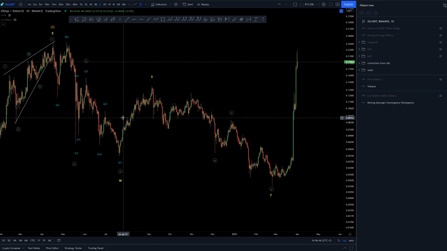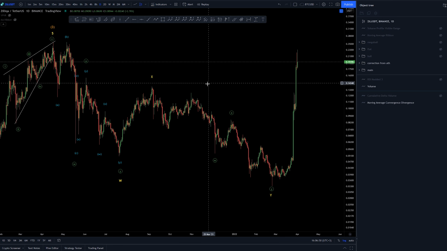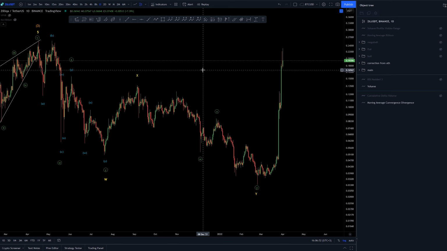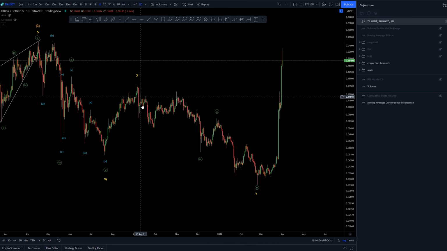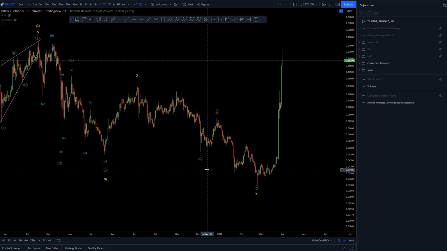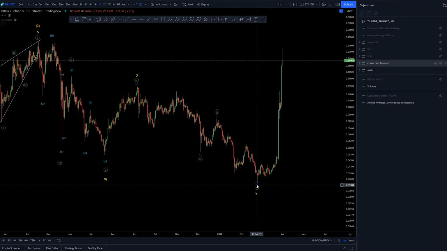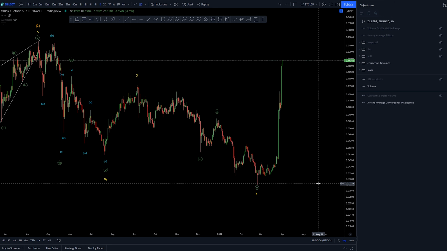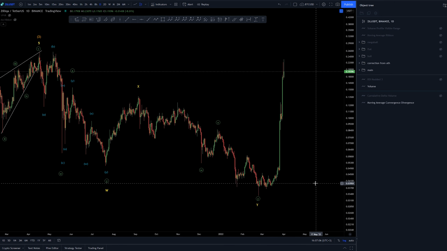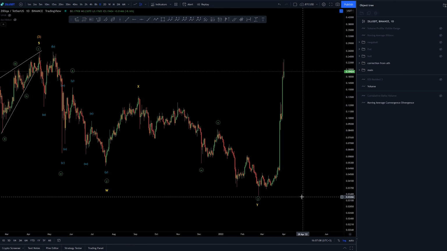This would be A, B and C, or WXY, but I wouldn't spend too much time on that. Again, here I've labeled this as WXY into the Y, bringing us to the current lows that we were at the end of February, and from there on we've just been on a massive run up higher.